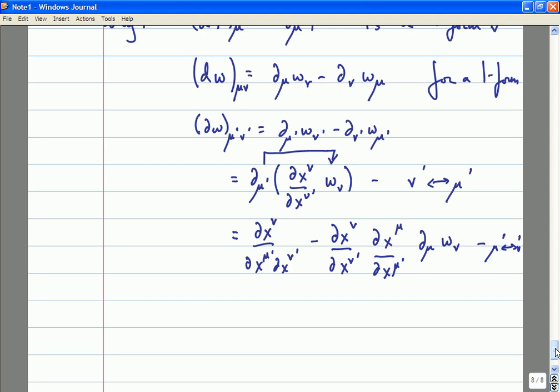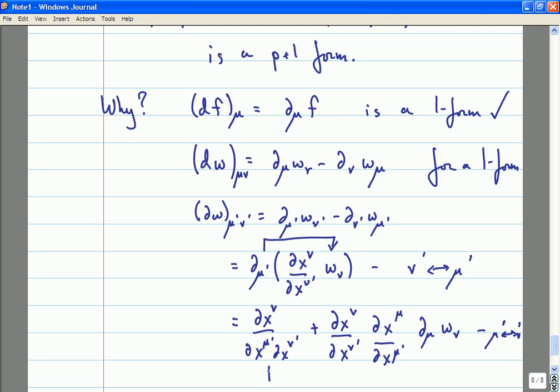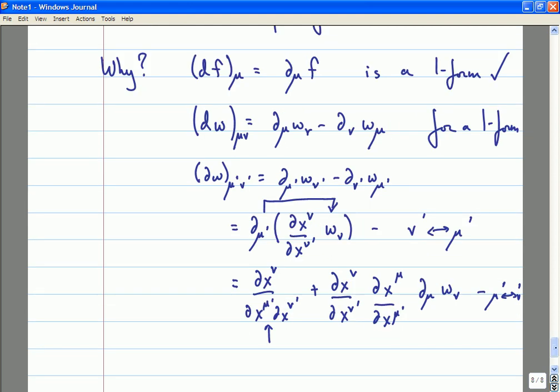Okay. Well, let's look at this expression here. This first term is symmetric under mu prime and nu prime by the equality of mixed partial derivatives. But then we're subtracting off the same thing with mu prime and nu prime interchanged. So that cancels. And what are we left with? Well, we're left with d mu omega nu times the usual two Jacobians that you always look for when you want the tensor transformation rule, and then we're subtracting off the interchange of mu and nu.